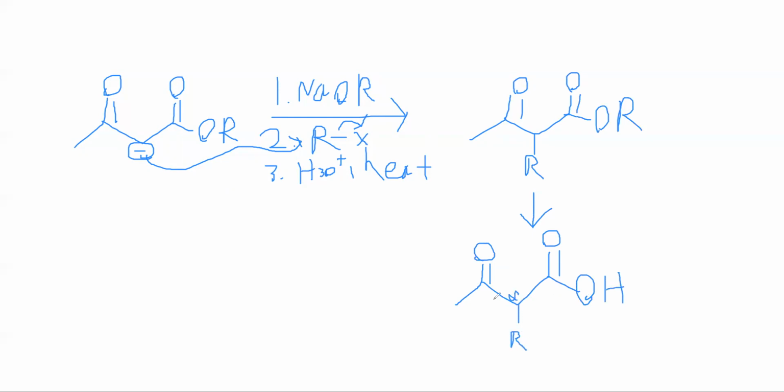And now we have a carboxylic acid and it's beta to a ketone. If you ever have a carboxylic acid beta to any other carbonyl and you heat it, then you're just going to lose the carboxylic acid as a whole. It doesn't matter what the context is. I'm going to talk about it again later, but anytime this comes up, that's going to happen.